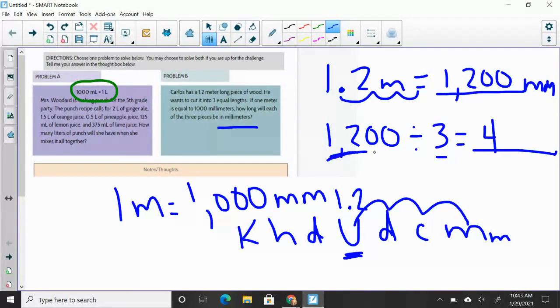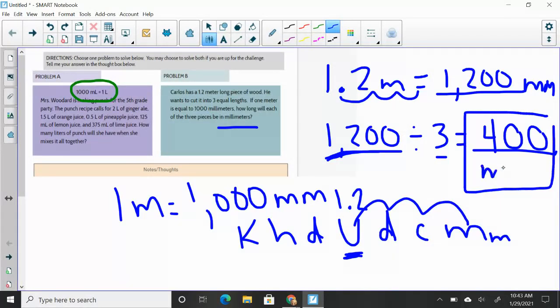So 120 divided by 3 is 40. And 1,200 divided by 3 would be 400. And so that is how long each of the 3 pieces would be in millimeters. So 400 millimeters would be your answer for problem B.